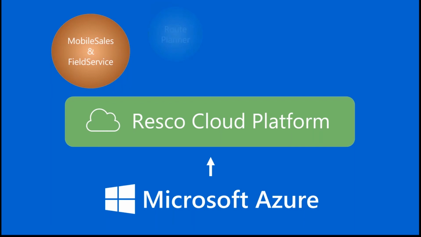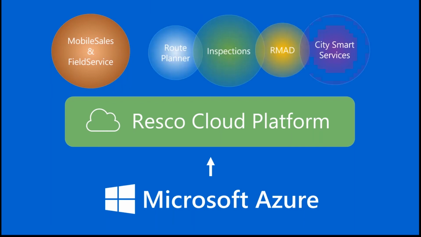Going forward, in 2018, we decided to actually enrich our portfolio of these ready-made mobile solutions. Just 2 months ago, we released Resco Inspections. That's the green circle, the biggest one of the 4 that you can see at the top of the screen.